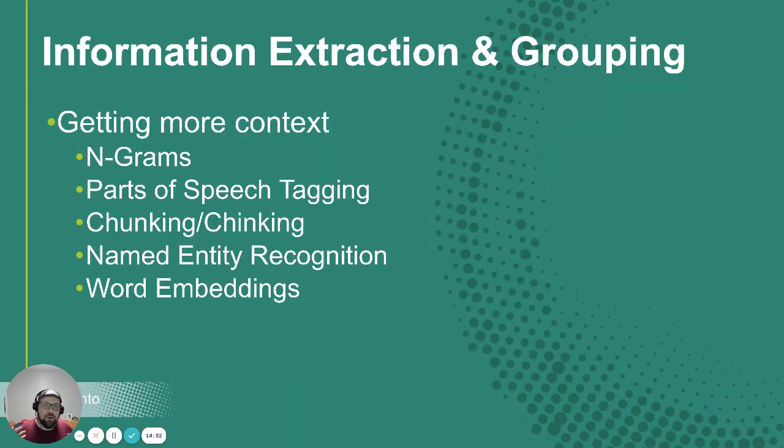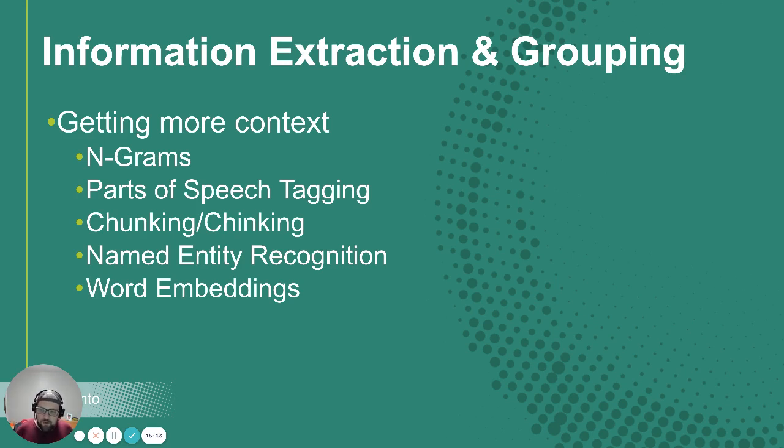We may also want to extract certain pieces of information and group things in a certain way in order to get more context. That would be the concept of n-grams. We might group certain words together into bigrams, which would be 2-word combinations, or trigrams, which would be 3-word combinations.